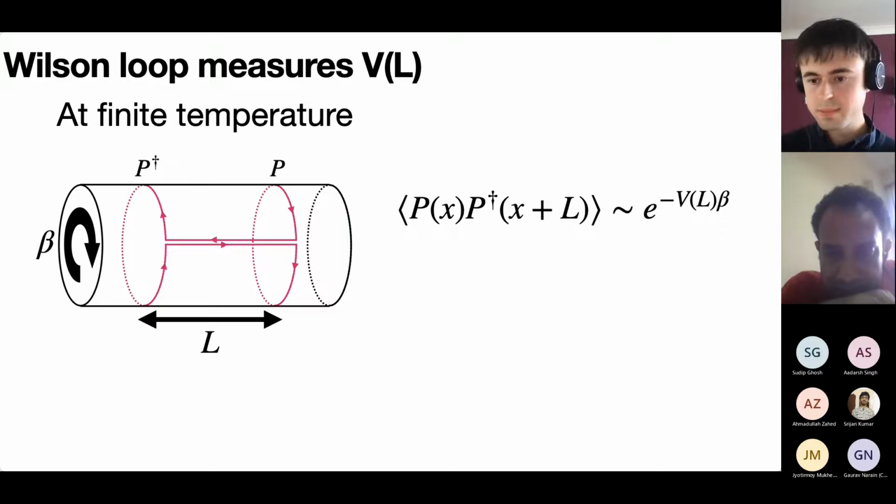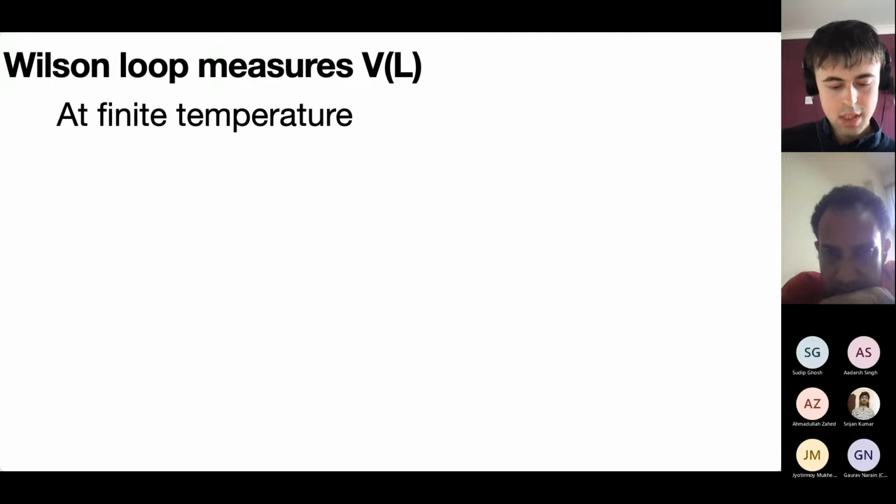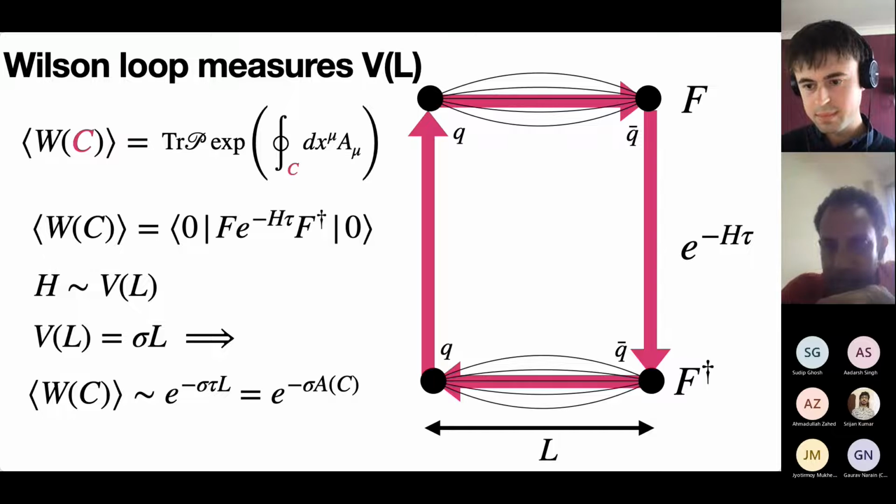Sorry, can you just flash your previous slide for one more second? I just wanted to take a look. The one before this. This one. Yes. So in your new picture, the idea is that the vertical direction you want to take it to be as large as possible in some sense. Is that correct? Yes. And that's not possible when you're in a Euclidean circle because the size of the circle is finite.